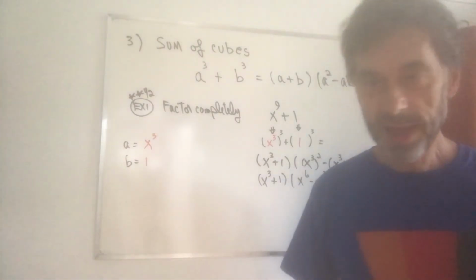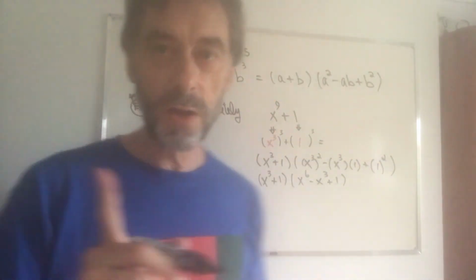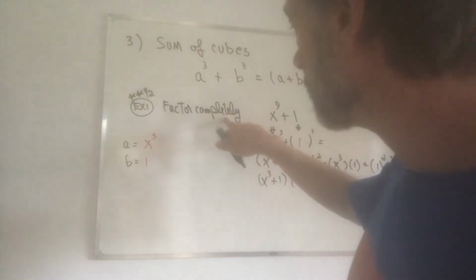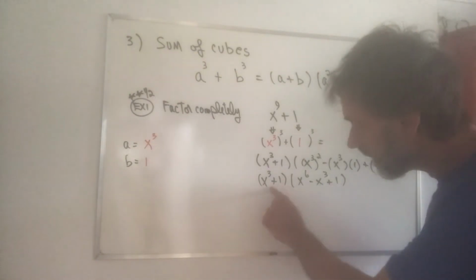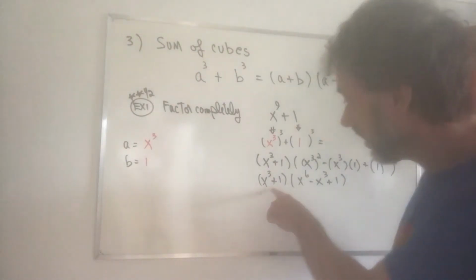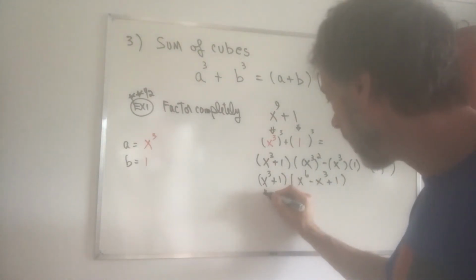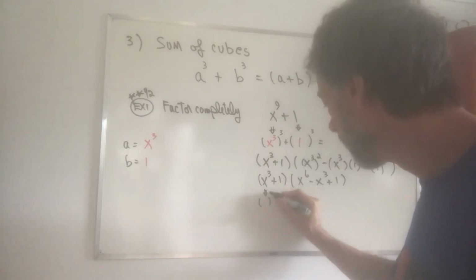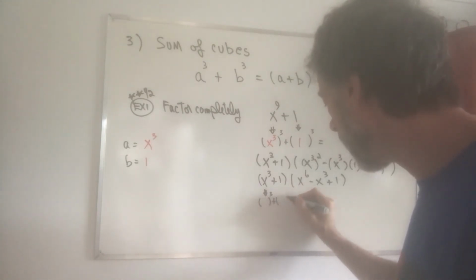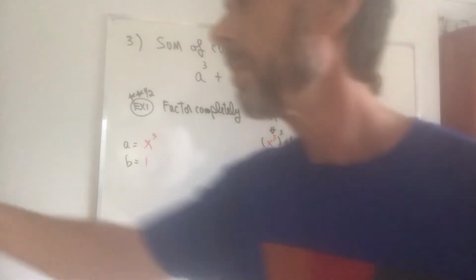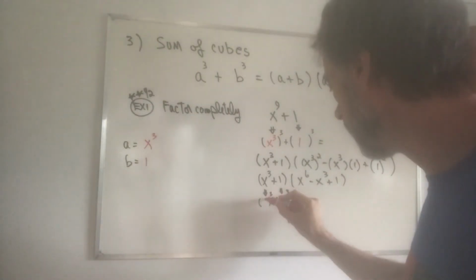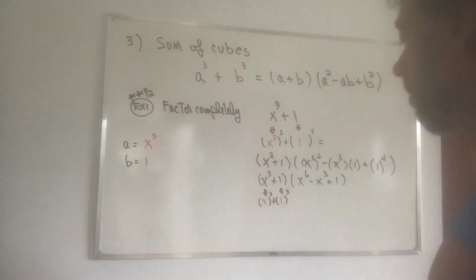Would that be my final answer? Well, remember now, we're into more complex problems. This guy has not been factored completely because this is again a cube plus a cube also. This is now x cubed plus 1.